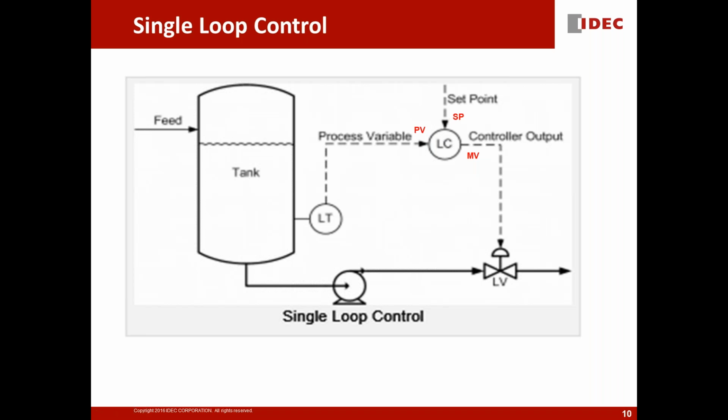I chose a pressure transducer on a tank where we're monitoring the pressure and we're outputting to a pump. We have a valve and pump basically to maintain the pressure level. This would be your process variable, the output from the pressure transducer or the level sensor.